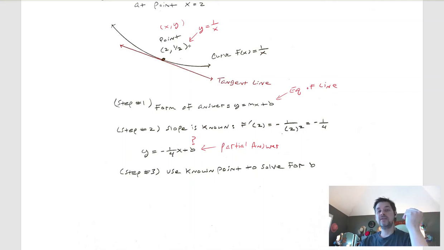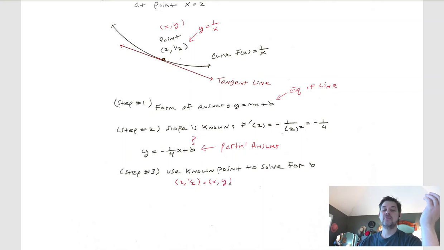But it also means if you took this point, x and y, and plugged it into the tangent line equation, it would also work. That's how we'll solve for b. So my unknown point is 2 for x, 1/2 for y. Okay?